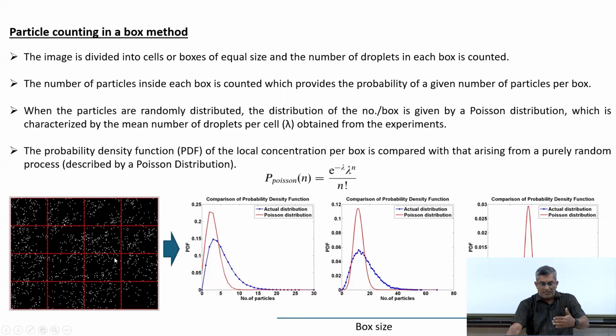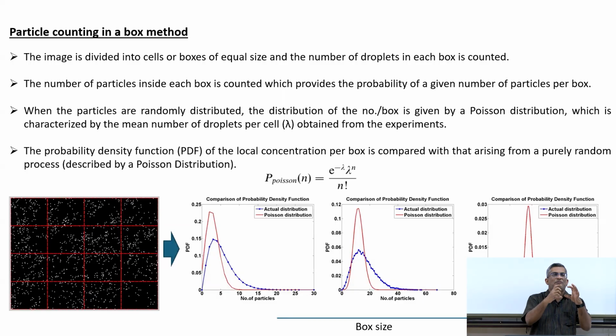So, what is the next step? You can ask, what is the size of the box that we should choose? Okay. So, there is no specific size that you should choose. In fact, you should vary the box size and see what happens.